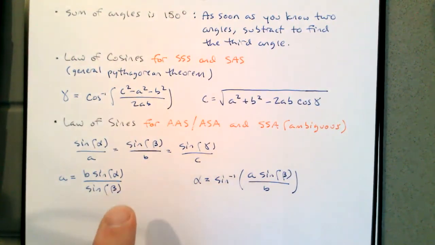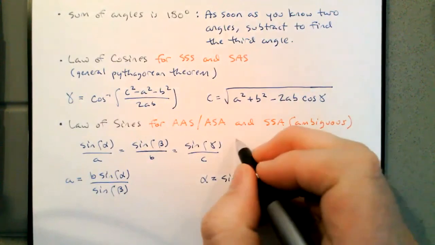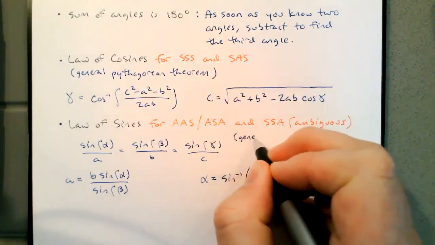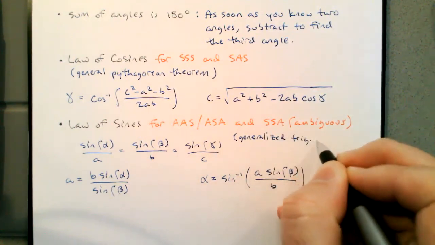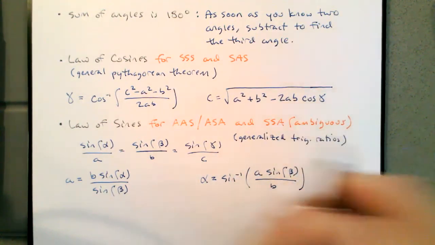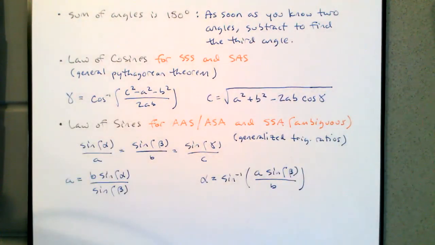So we have sine of alpha over A is equal to 1 over C. And so sine of alpha will be A over C. And so this is like the generalized trig ratios. Any questions?